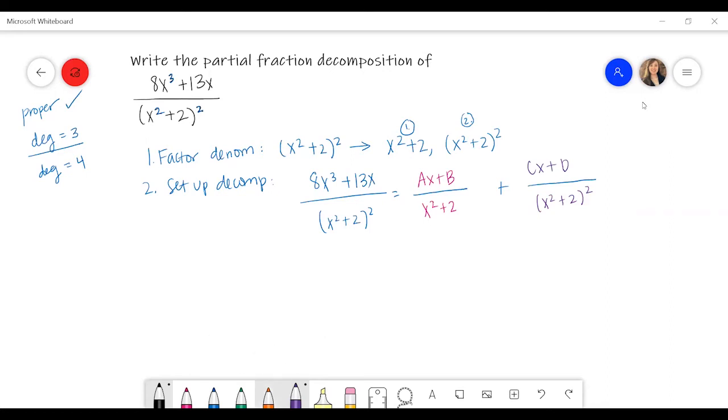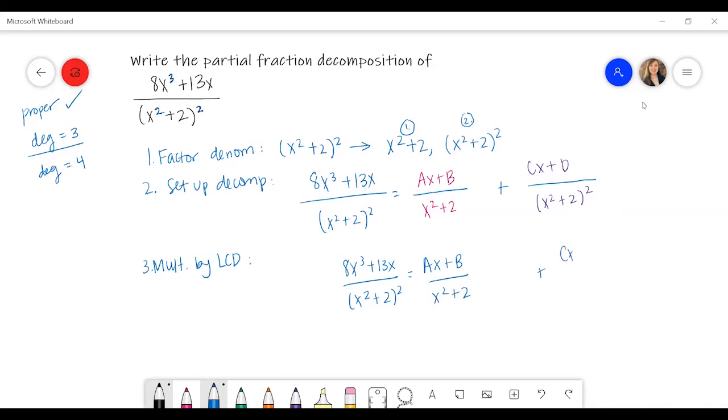So now what we want to do is multiply by the least common denominator. So we're going to multiply, we've got 8x cubed plus 13x over x squared plus 2 squared. We've got ax plus b over x squared plus 2. Leave some space for that multiplication. cx plus d over x squared plus 2 squared.